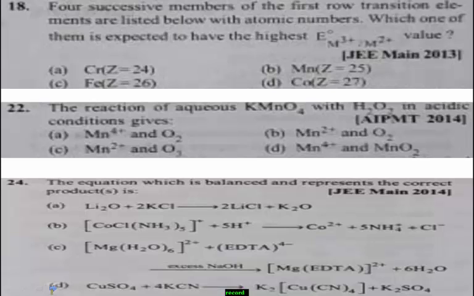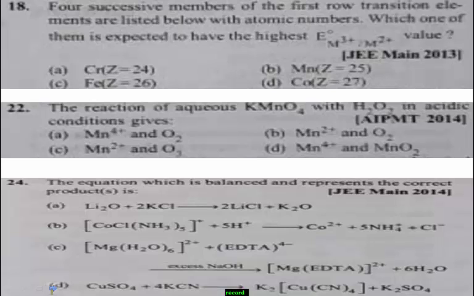Observe the given elements, the atomic numbers are given also. It is a theoretical concept question. For answering this question, you must know the reduction potential of all the given species. Note down the reduction potential values.